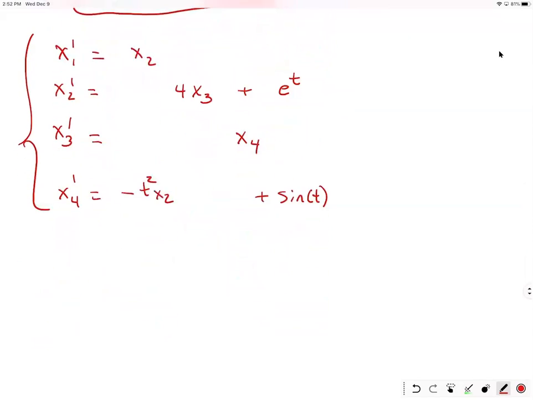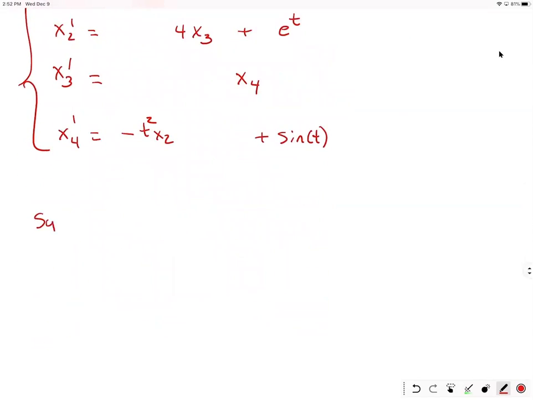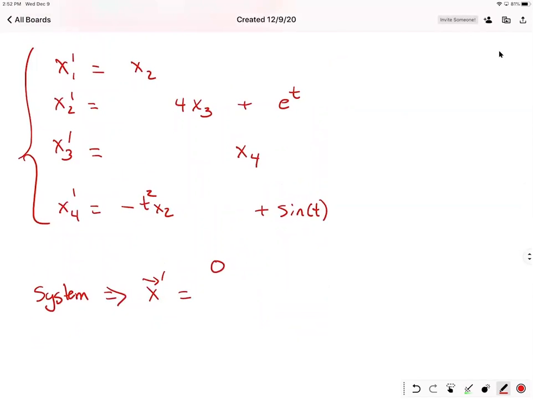And then I just make a matrix in that form. So I write my system as the x vector, take the derivative, is equal to, so then I'll have 0, 1, 0, 0. And then 0, 0, 4, 0. And I'll have 0, 0, 0, 1.